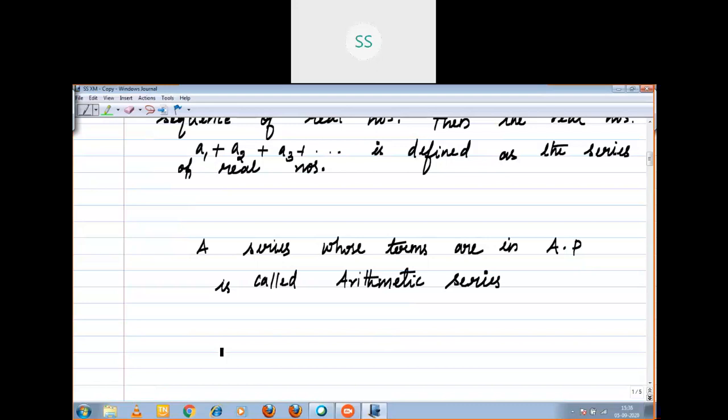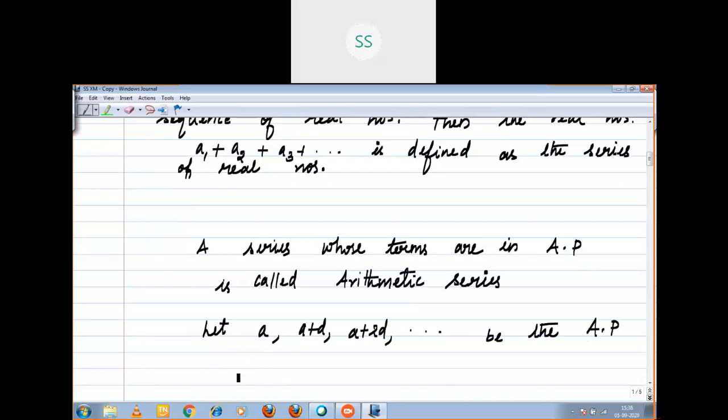Now, let the terms be in AP. Let a, a plus d, a plus 2d, etc. be the arithmetic progression. That we call AP, arithmetic progression, right? Now, how to find the nth term of an AP?